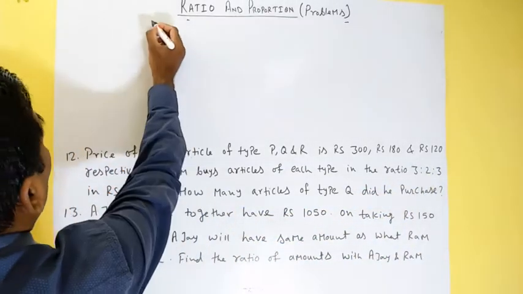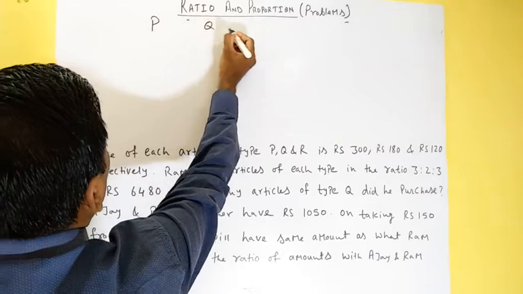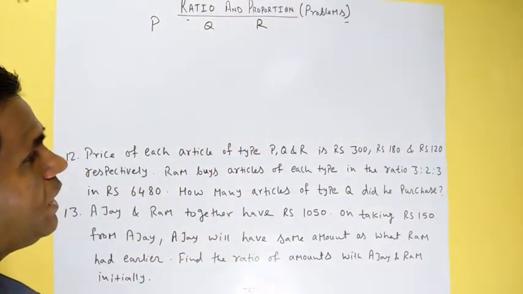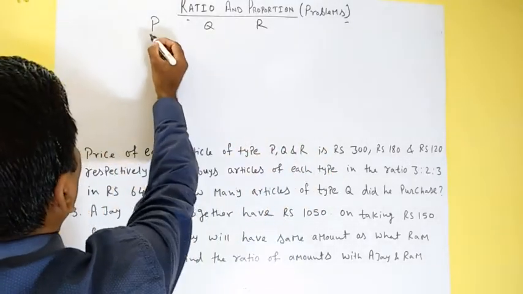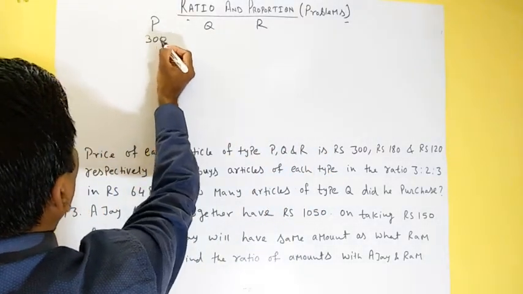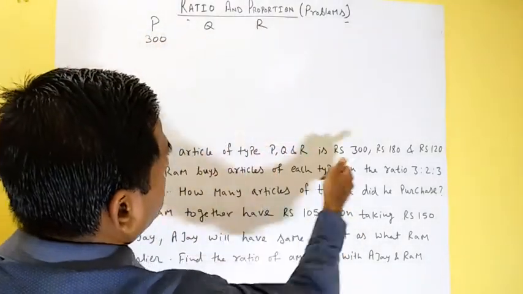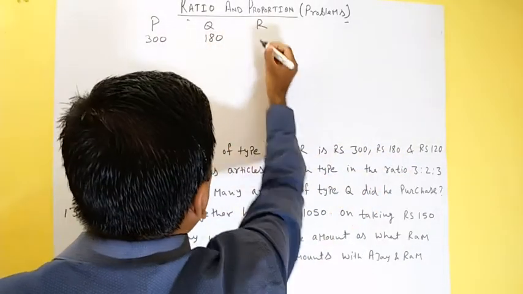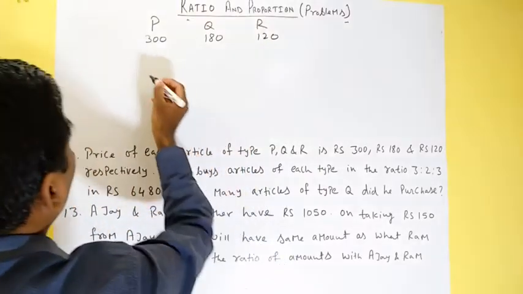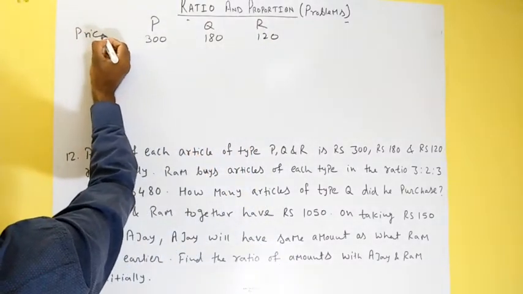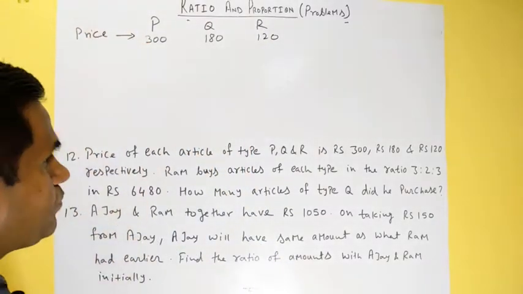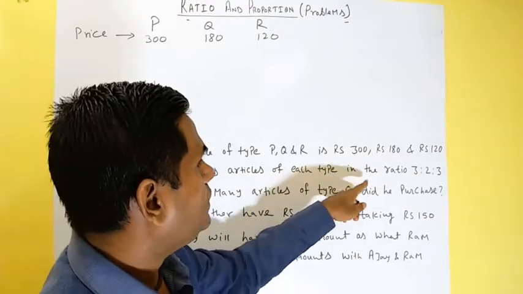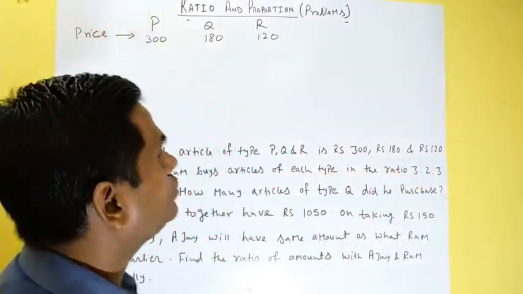So P, Q, R, we have 3 articles. The price for P is 300, the price for Q is 180, and the price for R is 120. So these are the prices, and Ram is buying these articles of each type in the ratio 3 is to 2 is to 3.